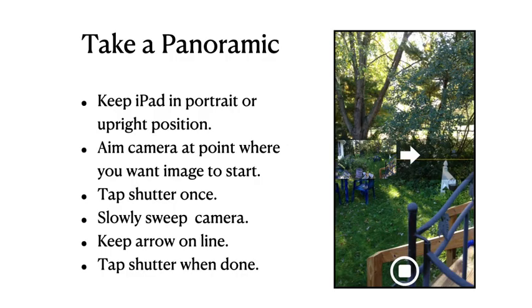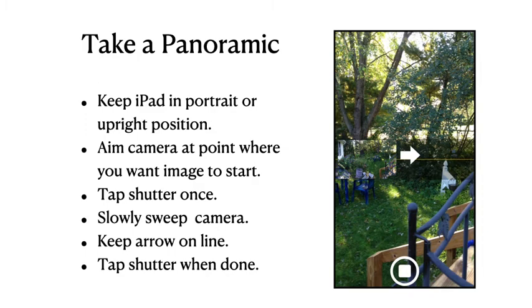Now you all have the option to take a panoramic, and this is a quick set of directions on how to do that. You need to keep the iPad in portrait or upright position. You can see it's on the vertical. And you aim your camera at the point where you want the image to start.